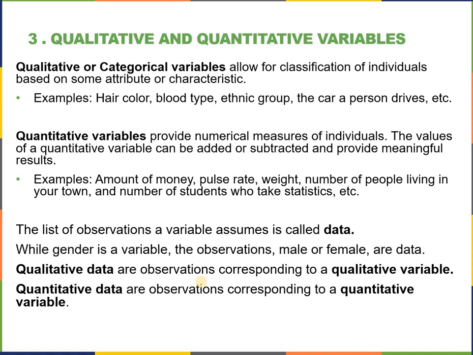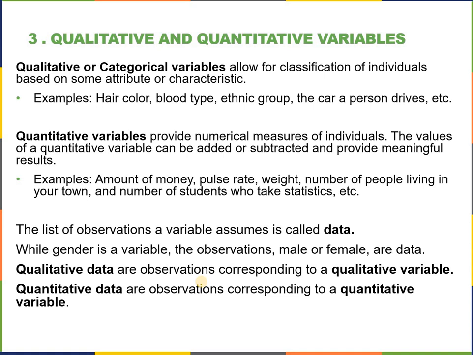So now, if you collect all of the qualitative data from a qualitative variable, then you're creating a set of qualitative data. So qualitative data is basically observation corresponding to a qualitative variable. And similar to that, quantitative data are observations corresponding to a quantitative variable.